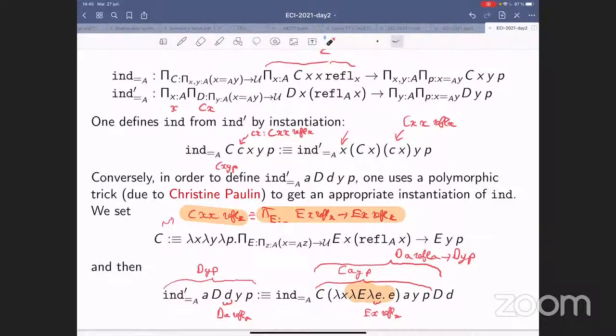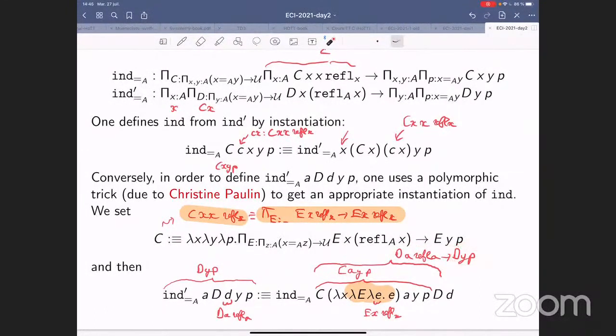But because I applied it to A, this is of DA reflA, hence this small d is of type DA reflA. So here, this d is of the correct type, because when I have done all this sequence of applications, I find myself with a term of this type. So if I can apply it to d, which is of the correct type, what I get is an element of DYP.